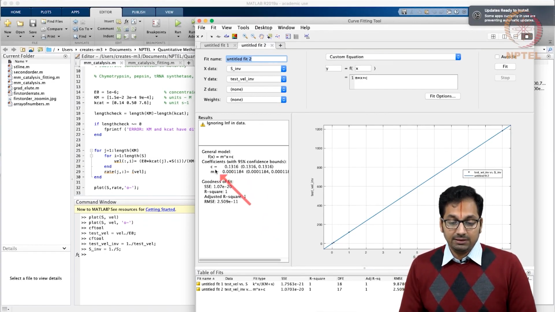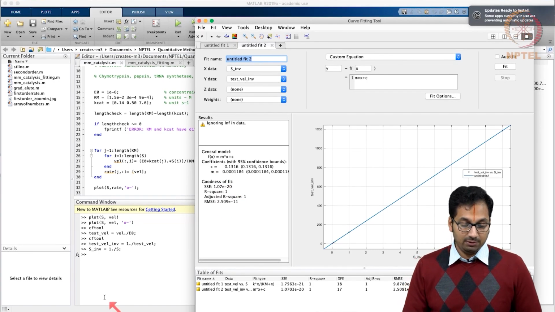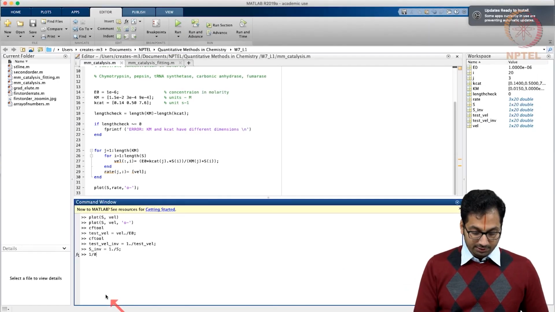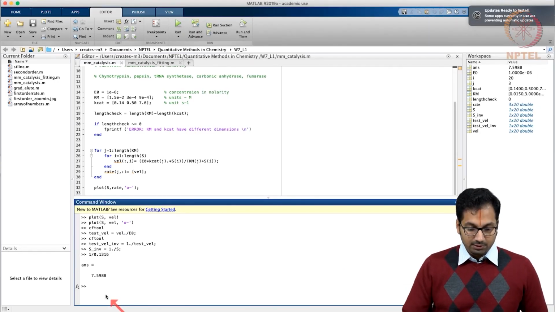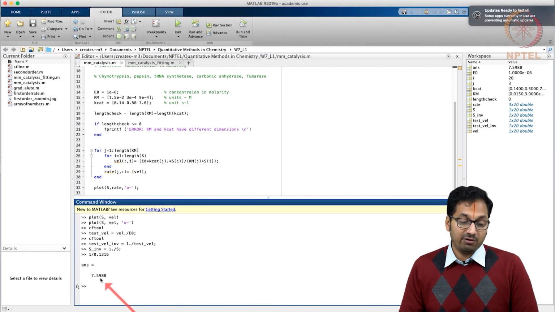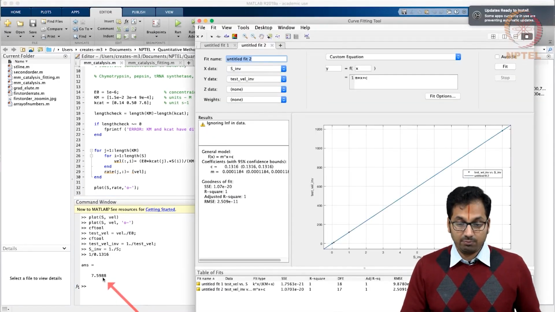And what you are able to see here is that the intercept is 0.1316. So what is 1 over the intercept? You are able to see that it comes up as 7.5988, which is the 7.6 that we have simulated.